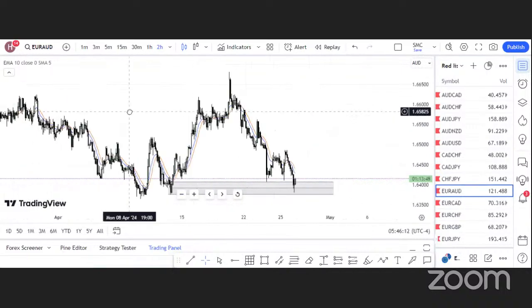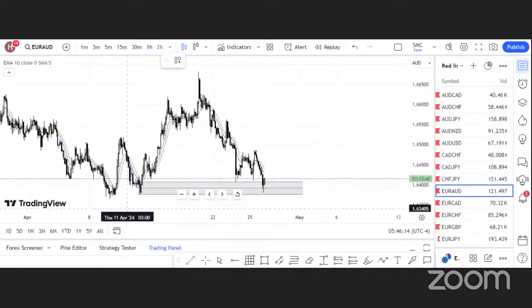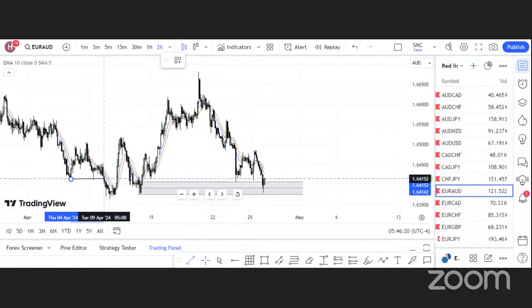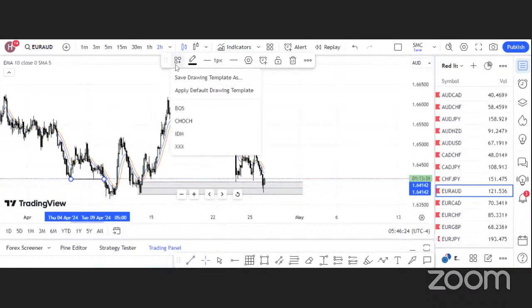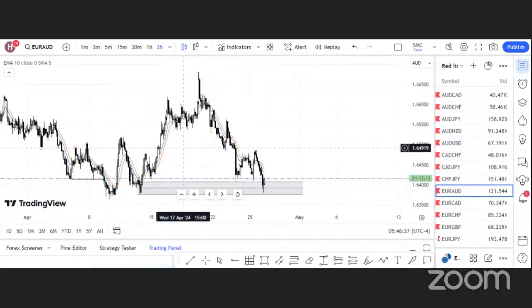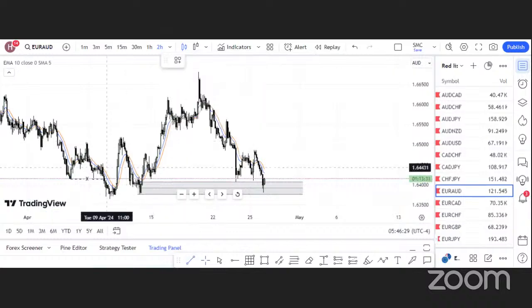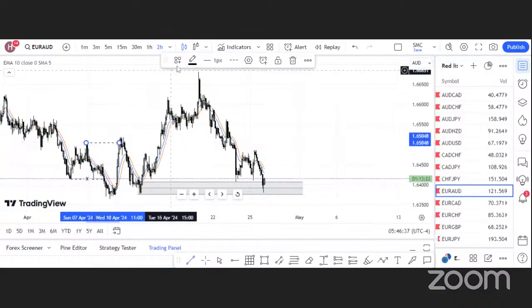Before now, we have this liquidity purge from this level, and then we had a change of character from this point.